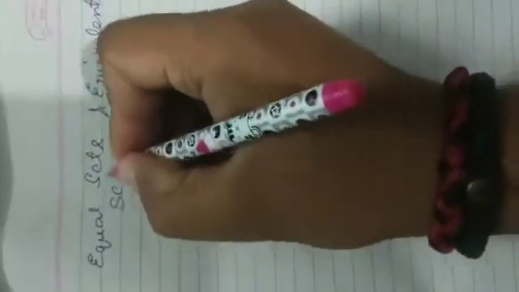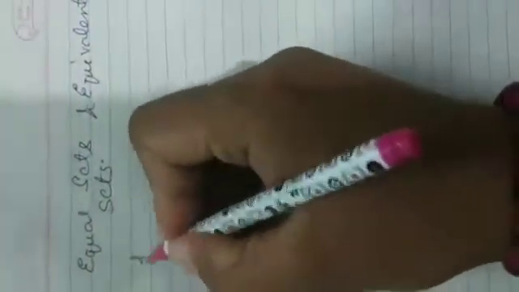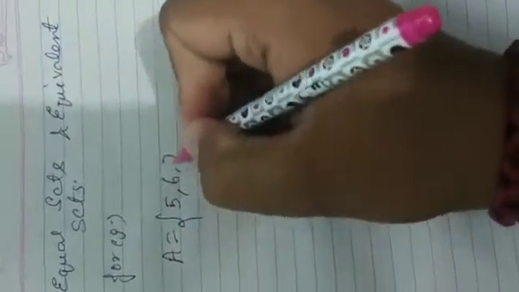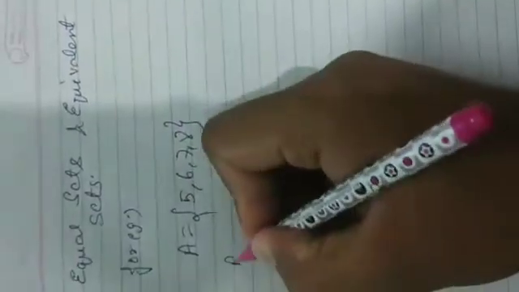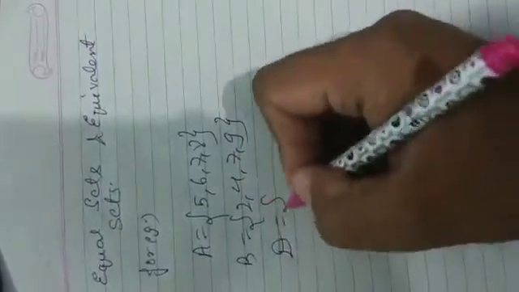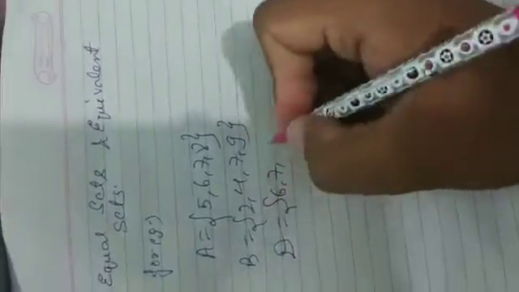Next, the second topic is equal sets and equivalent sets. For example, A is equal to {5, 6, 7, 8}, B is equal to {2, 4, 7, 9}, and D is equal to {6, 7, 5, 8}.